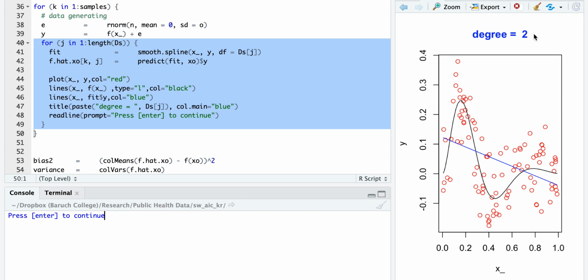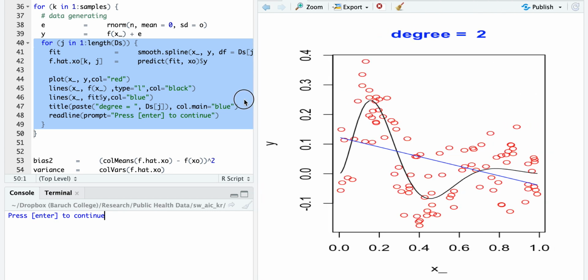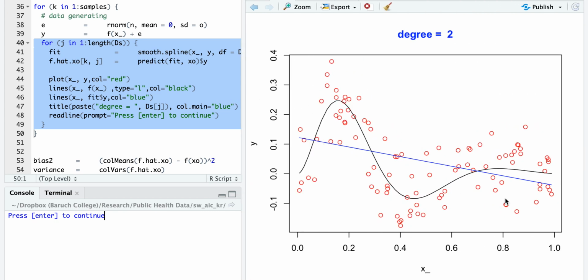Okay, so when the degrees of freedom are 2, here you see this is the underlying curve. Black is the underlying trend we'd like to capture. It's the population signal. Red is the data. You see, it's hugely scattered.